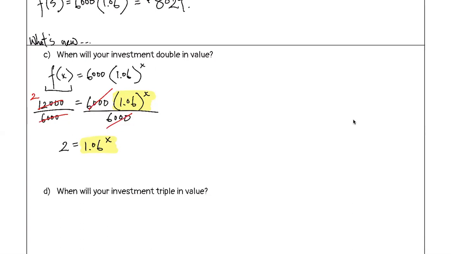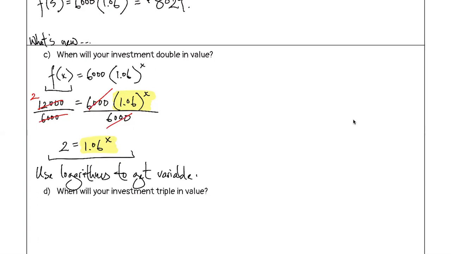And so the way we're going to do that at this point is we're going to use logarithms to get the variable out of the exponent, okay?